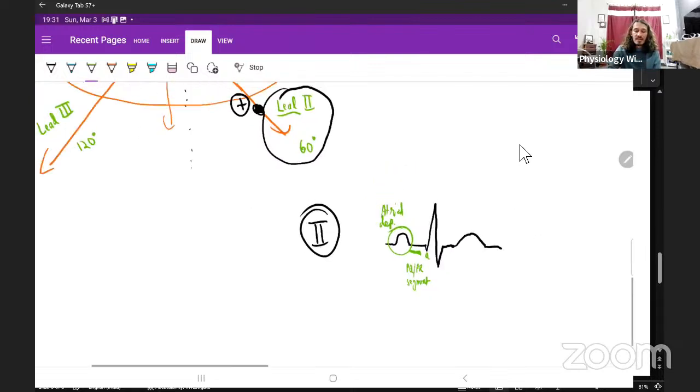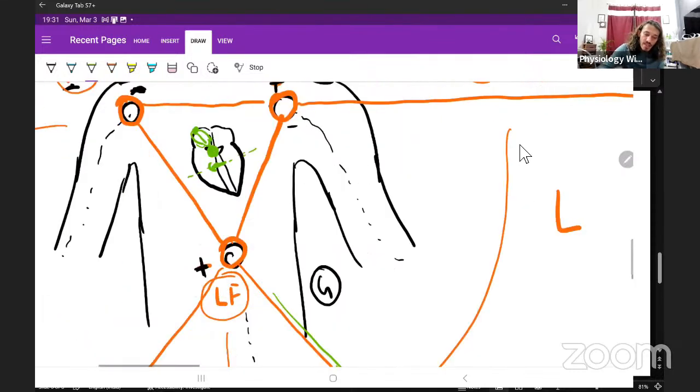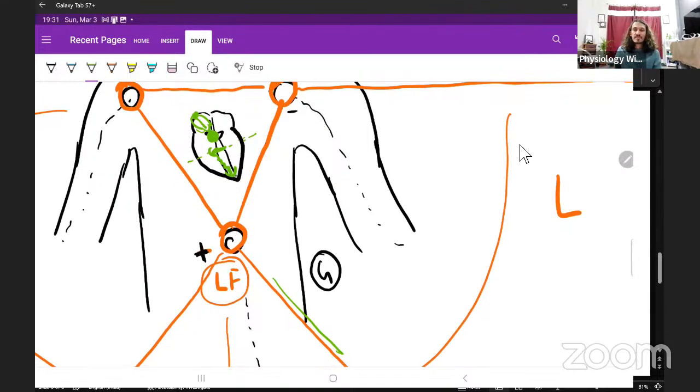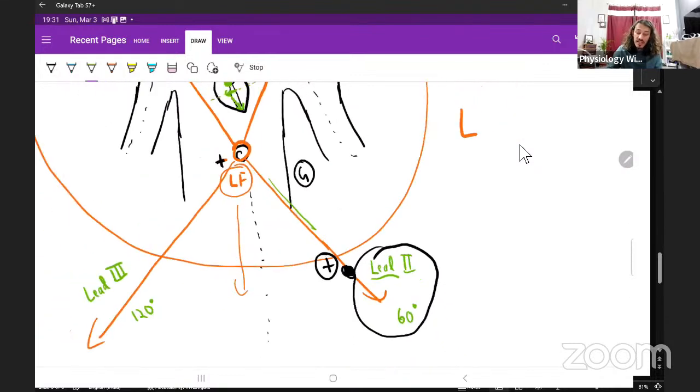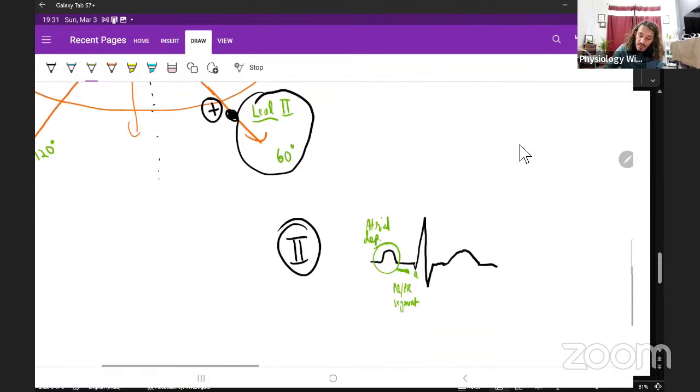Apart from that, the next thing that happens is this impulse comes down and reaches the apex. Again, which directionality is it following? It is coming down towards the positive side. Because of that, it is seen as a positive deflection, and this positive deflection is much larger than the earlier one.